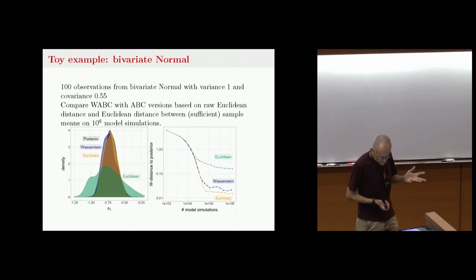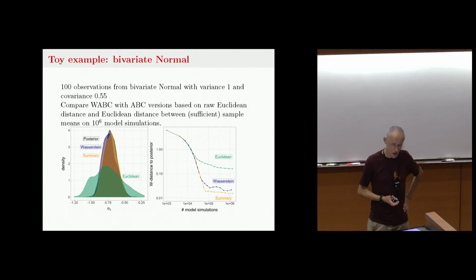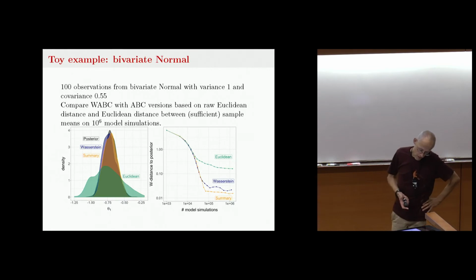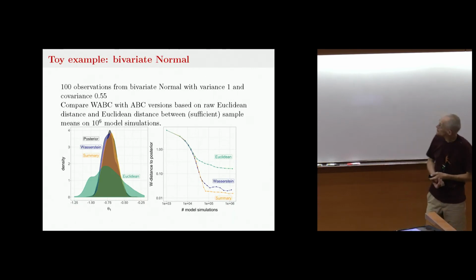Okay, so here is again an illustration on a simplish example of bivariate normal, where estimating the mean theta 1 using a summary that is sufficient, or using the true posterior, or using the Wasserstein, bring a very similar posterior distribution.